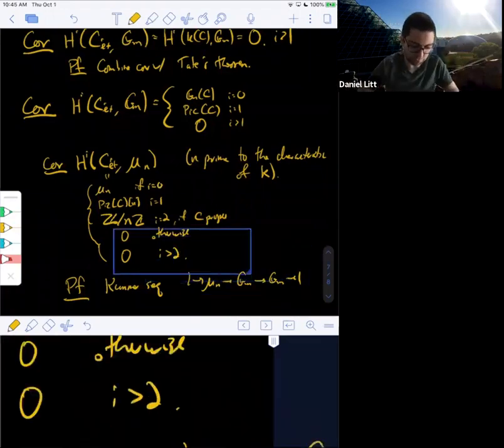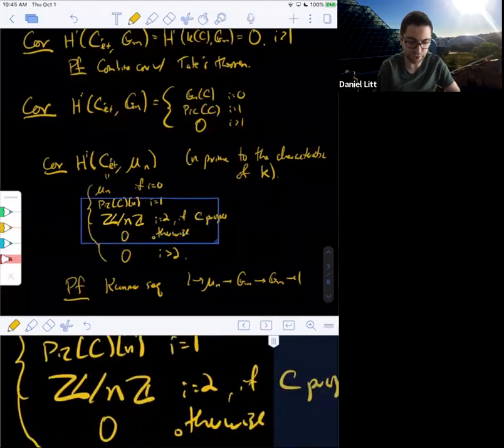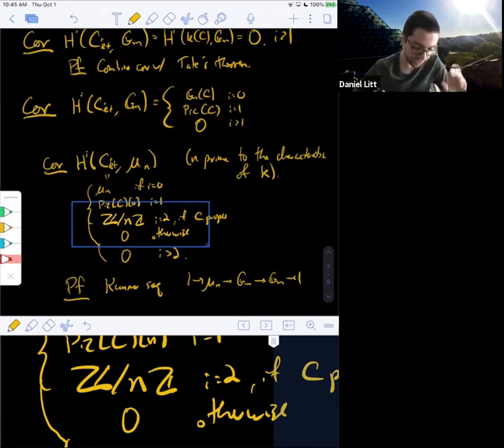Okay, so this mu_n is tautological. Pic C[n] is also tautological. That's just the kernel of the map from Pic to Pic. Okay, and then this Z mod nZ is saying that if we're proper, Pic^0, the component group, is divisible. So we talked about this before. If we're not proper, Pic itself is divisible. Okay. And that latter is an exercise to deduce from the fact that Pic^0 is divisible in general.